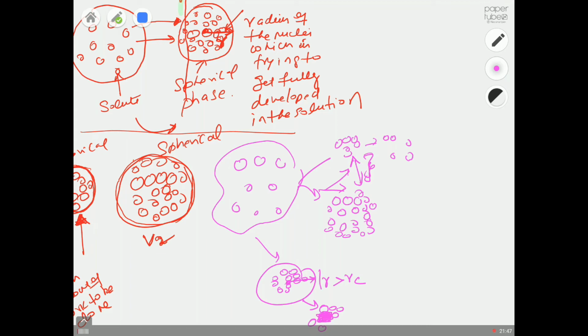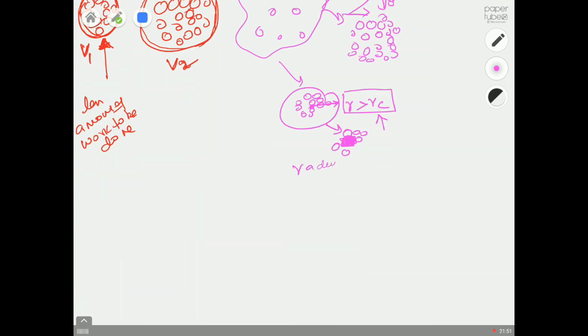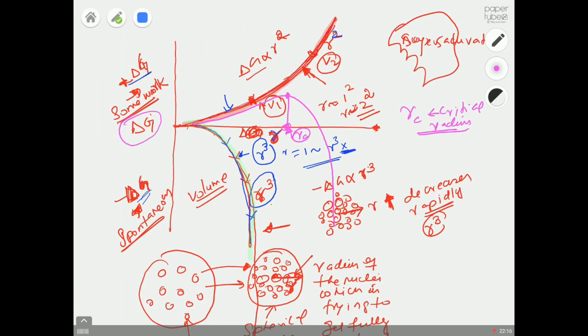In fact, this RC is nothing but the radius of your stable nuclei. This is an approximate number, because in this theory developed by Gibbs, he assumed everything is spherical, which is far from reality, but for some reason it allows you to calculate delta G accurately for most of the systems that we work with in the lab or in industry.